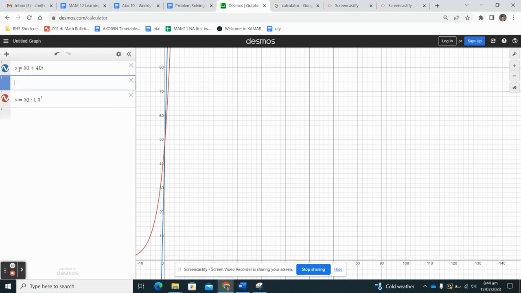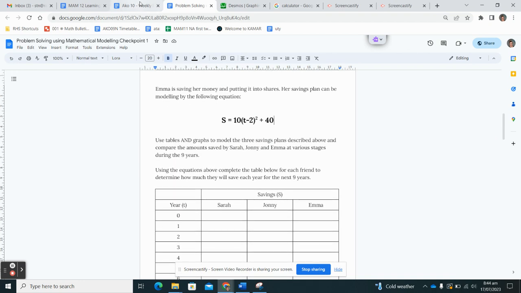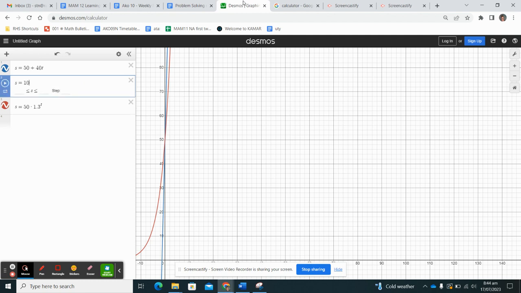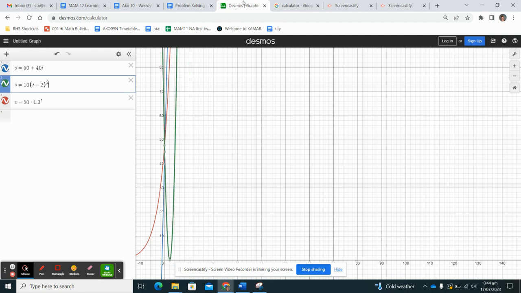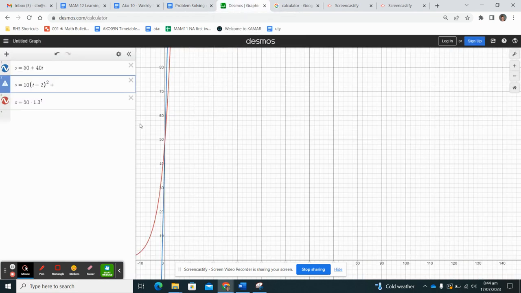And then you'll put in your last one, which is S equals 10, open bracket t minus 2, close bracket, to the power of 2 plus 40. Okay, and so that is the last savings plan.